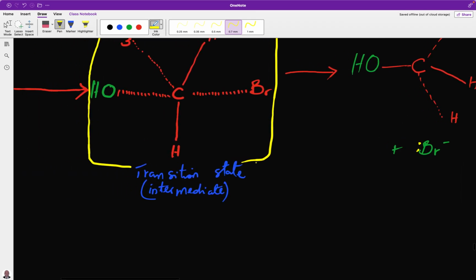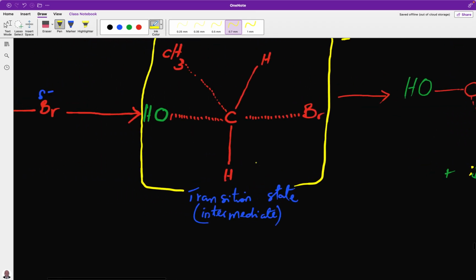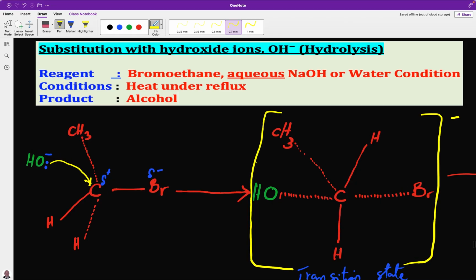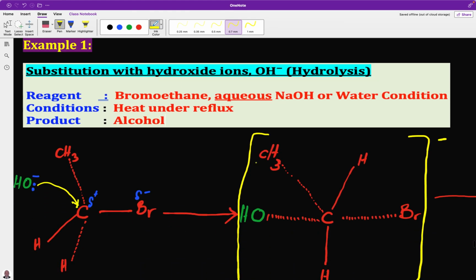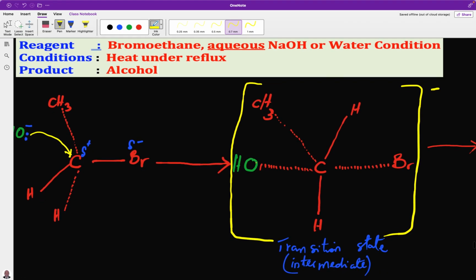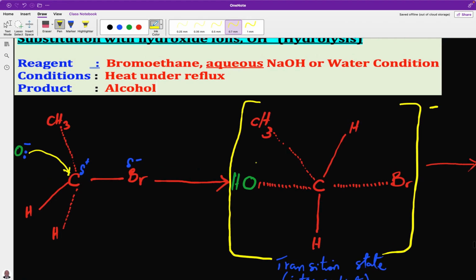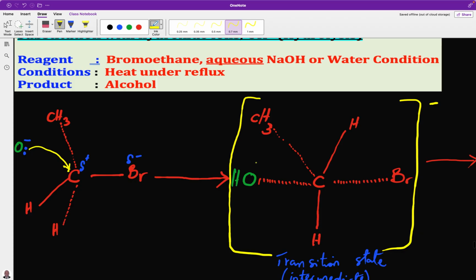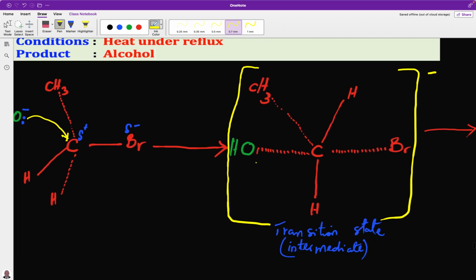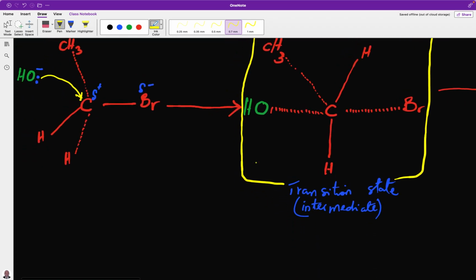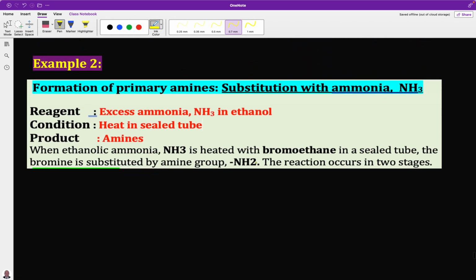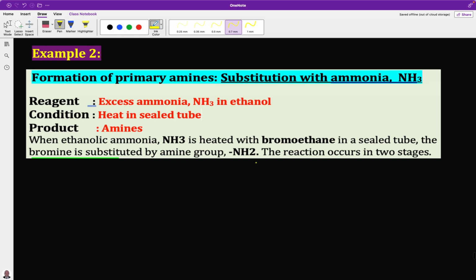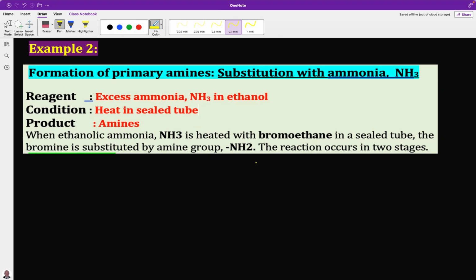Our next one will be substituting with ammonia. We are done with bromoethane with aqueous sodium hydroxide to form ethanol. Now, in our next example, we're substituting with ammonia.